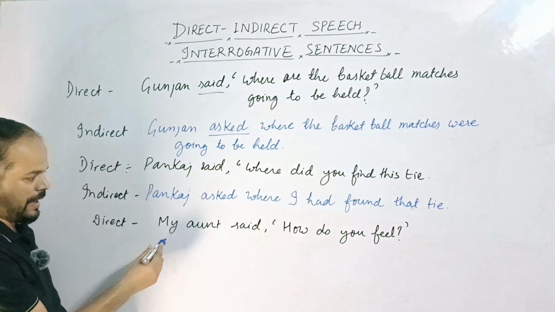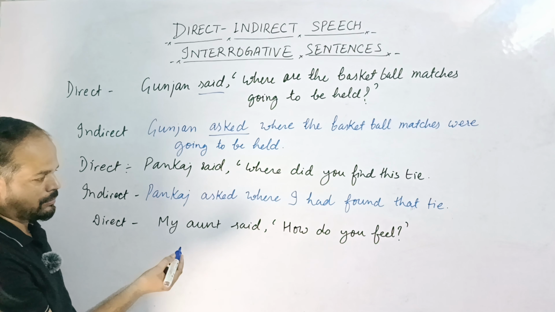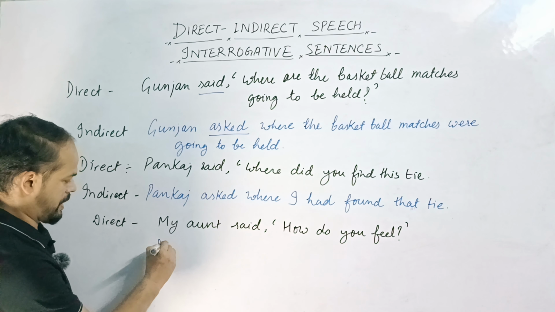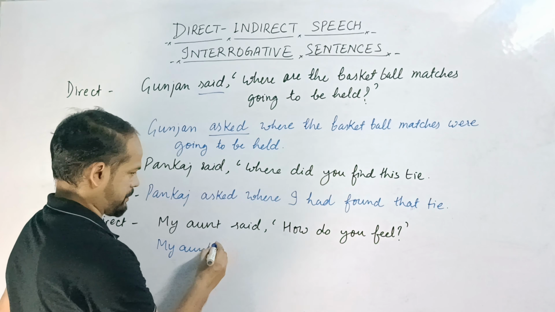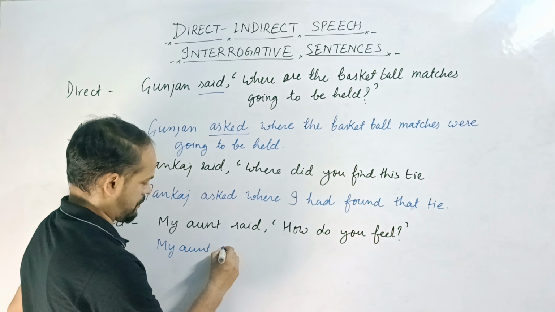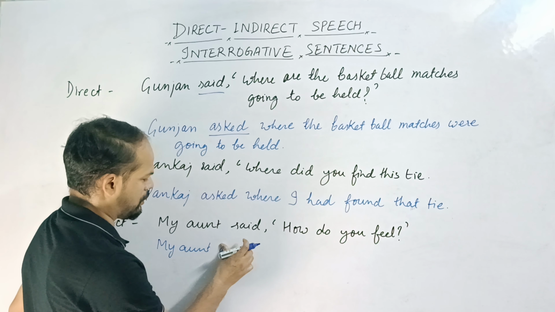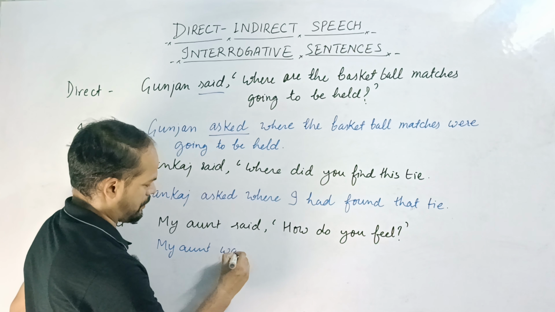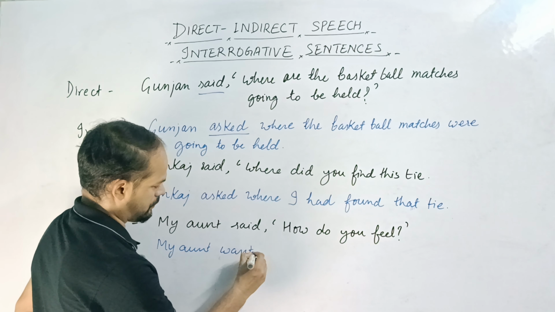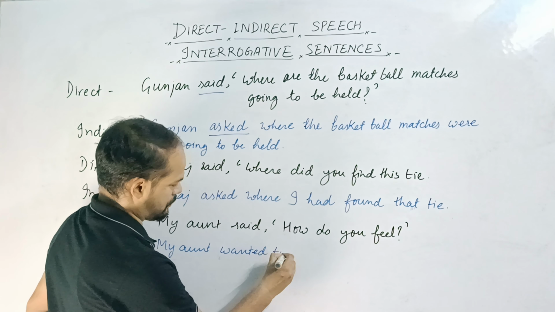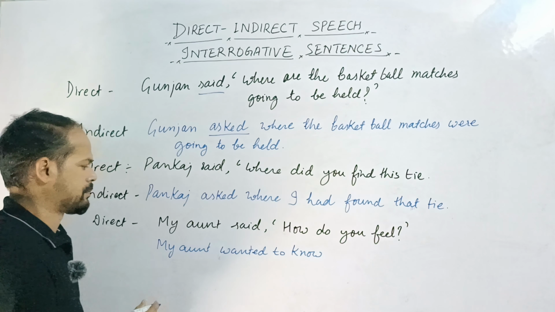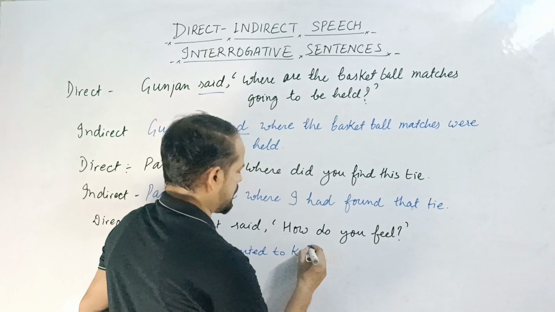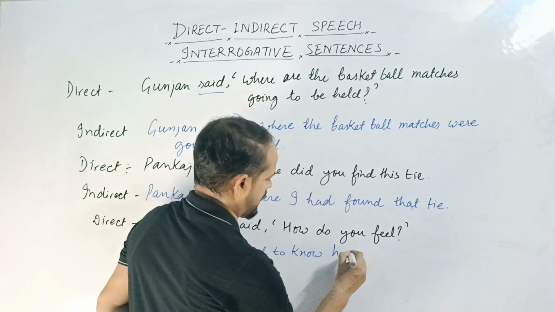Now next sentence is my aunt said, how do you feel? So my aunt asked or wanted to know. Okay, then question word will be there.